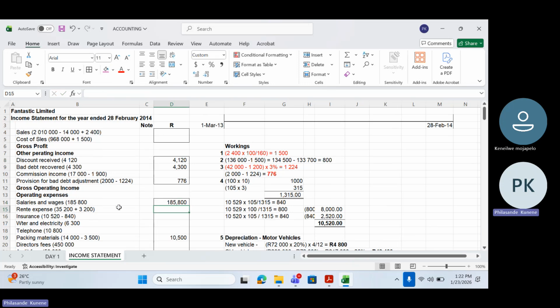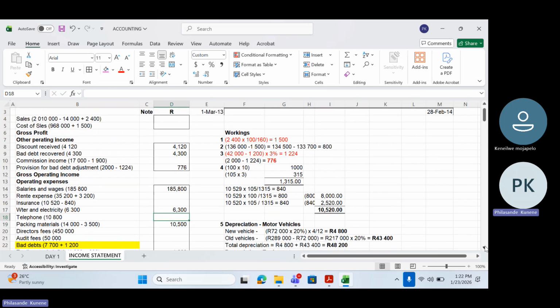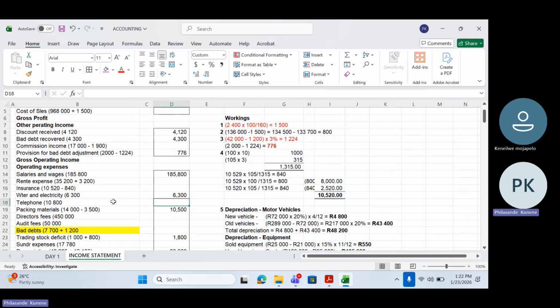Rent expense, we close it to get the total. Insurance, we close it to get the total. Water and electricity, 6,300 must come here. Telephone, 10,800 must come here. Director's fees, 450,000.